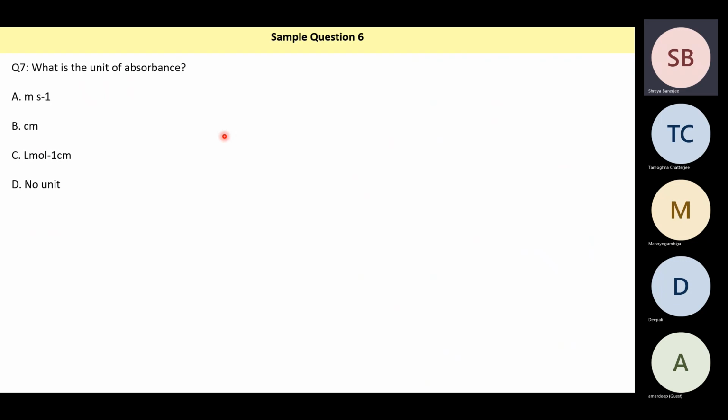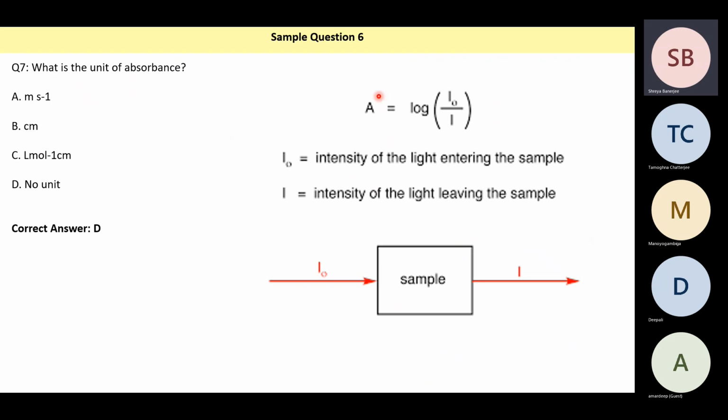What is the unit of absorbance is the question. Next question. So the answer is D. If you remember the formula of absorbance, it is log of the ratio of I0 by I, where I0 is the intensity of light entering the sample and I is the intensity of light leaving the sample.